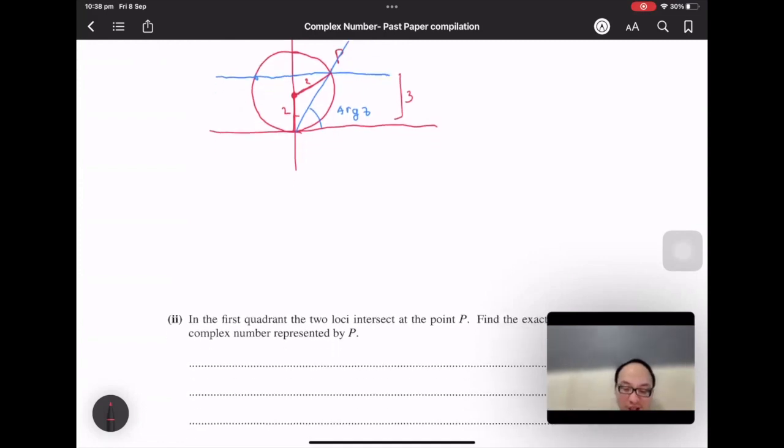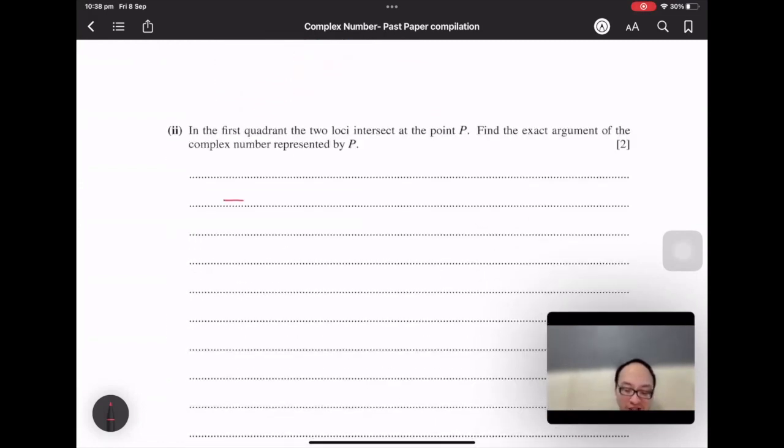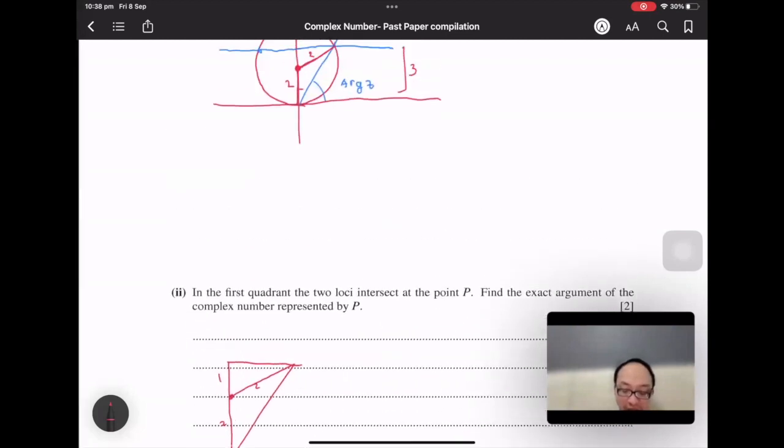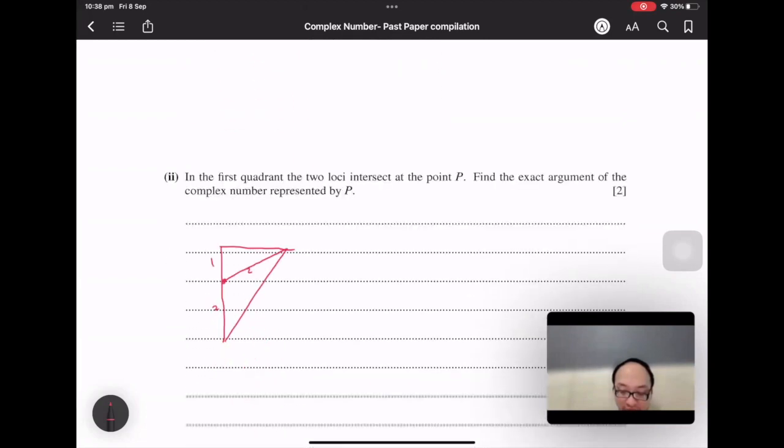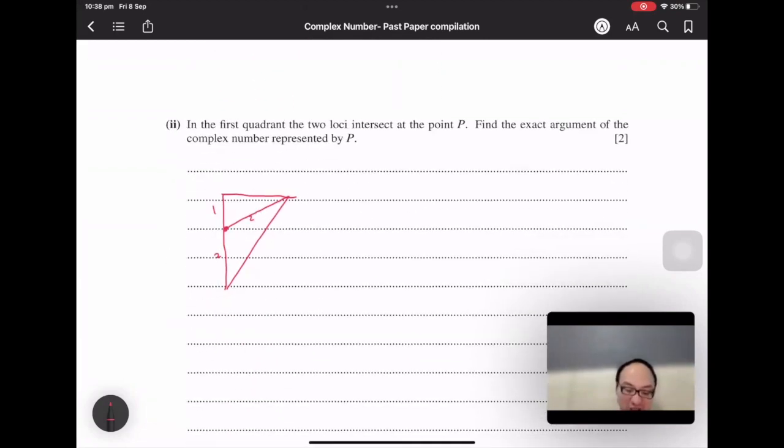Okay, so again, we have two triangles. So this is 2, this is 2, this is 1, and this we don't know yet. So we can find theta first here. So cos theta equals 1 over 2.